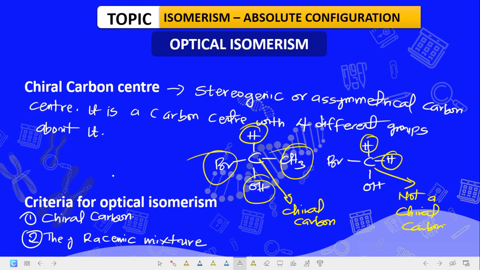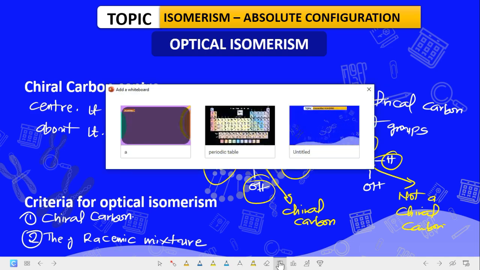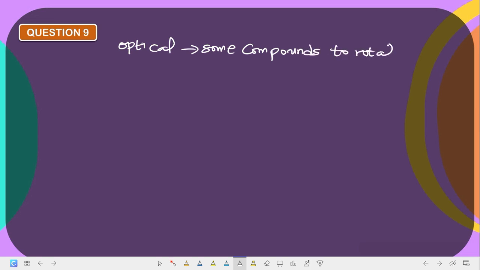Now, talking about optical isomerism, let me give a detailed explanation. Optical isomerism is the ability of some compounds to rotate plane polarized light.